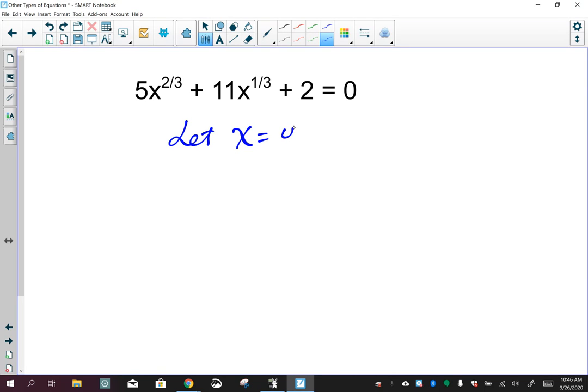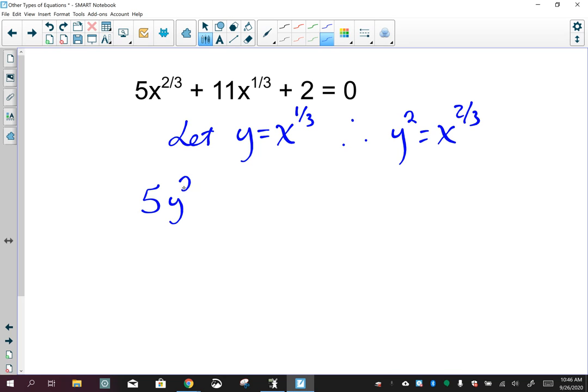Y equal x to the 1/3. Therefore, y squared is equal to x to the 2/3. Okay. Rewrite it. So we've got 5y squared plus 11y plus 2 is equal to 0.